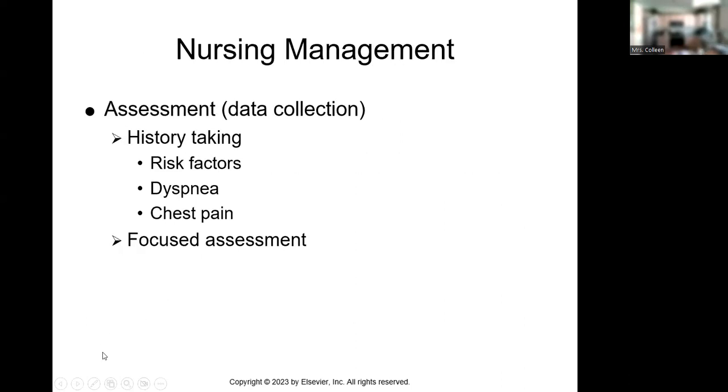Okay, all right. So for cardiovascular, what you need to know about nursing management is dyspnea, difficulty breathing, that's going to be a priority. Yes, we're going to manage the patient's pain, but dyspnea, difficulty breathing, is a major symptom. It's going to be a priority thing that we need to act on.